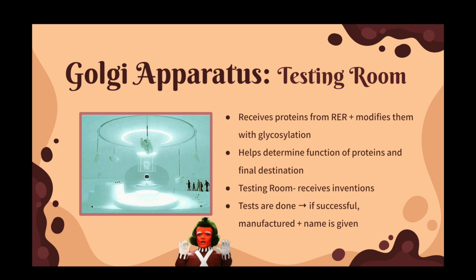And similar to the Golgi, the testing room receives these inventions made from the inventing room. And when tests are completed with these inventions and based on these results, they're made into the official candies that Wonka sells, and they're given a name. And in addition, the inventions are given specific roles or names when the tests are completed without any errors.